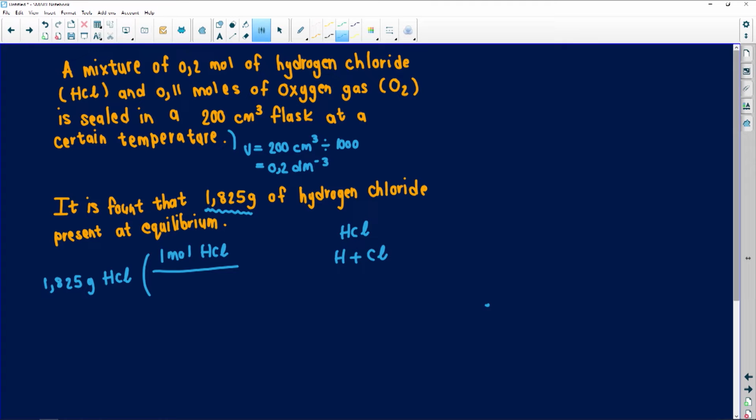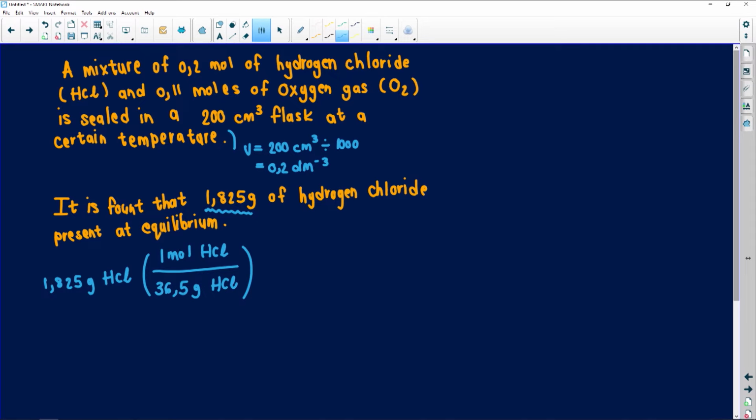If I look at my periodic table, the molar mass for hydrogen is 1, plus that for chlorine is 35.5. When I add these two, I get 36.5 grams. So 1 mole of HCl is equivalent to 36.5 grams. If you're still struggling with your periodic table a little bit, just go ahead, look at it, and practice.